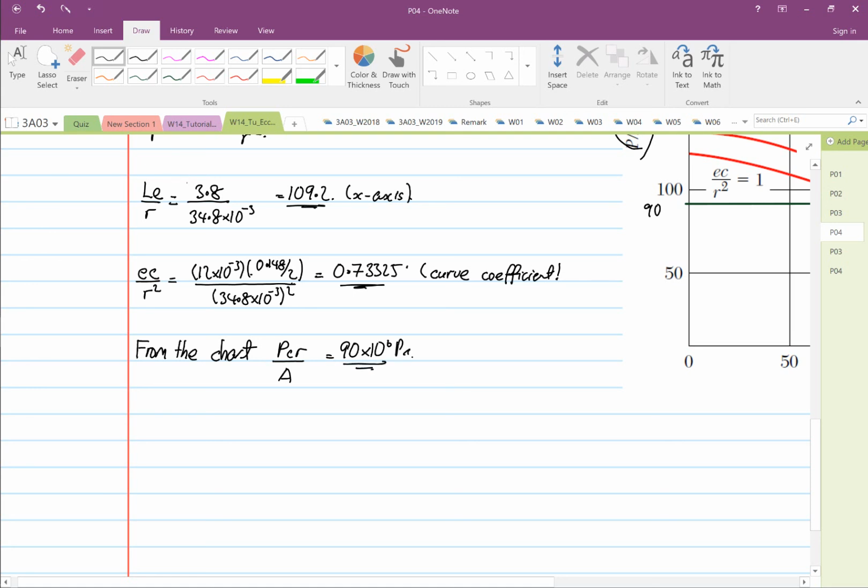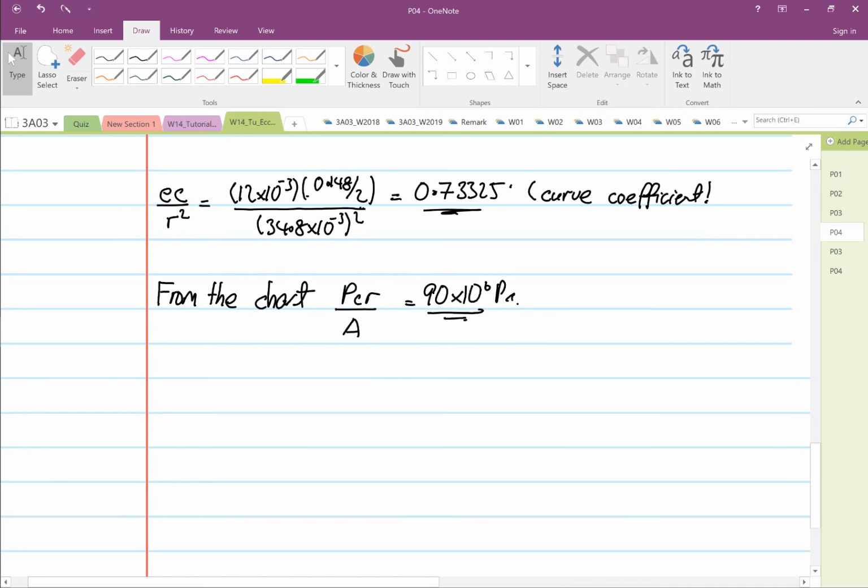Okay, so the critical load, the P critical, is equal to 90 times 10 to the power 6, times the area that we get from the table, which is 5700 times 10 to the power of minus 6.